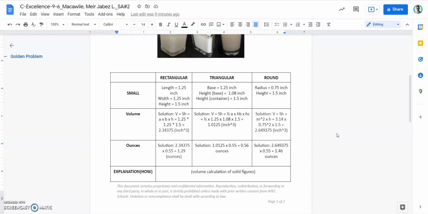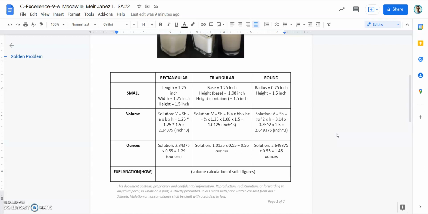Now next up, the triangular. The base is equal to 1.25 inches. The height of the base is equal to 1.08 inches. The height of the container is equal to 1.5 inches. We need to find the volume for triangular.